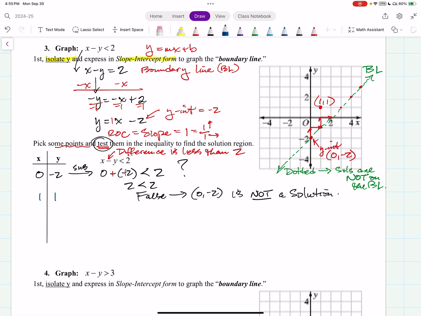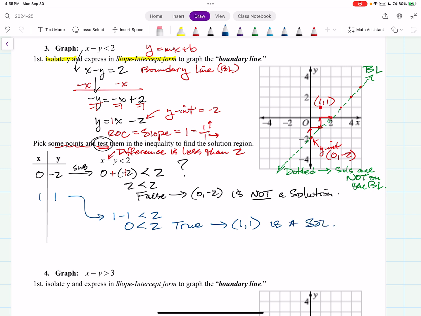So is (1, 1) a solution? Well, let's check it. Is 1 minus 1 less than 2? Let's work out the mathematics here. 1 minus 1 is 0, and you have to ask yourself, is 0 less than 2? It certainly is. So that's a true statement, and that tells you that (1, 1) is a solution.